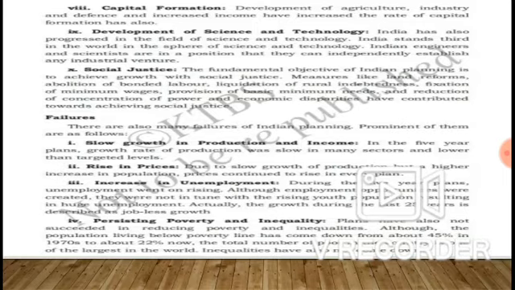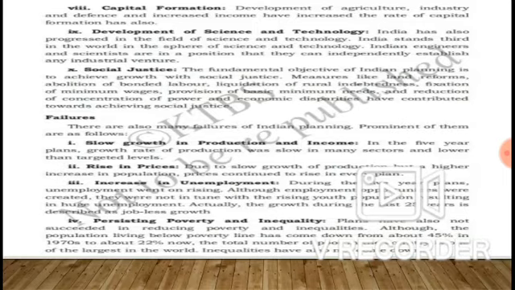India has also progressed in the field of science and technology. India stands third in the world in the sphere of science and technology. Indian engineers and scientists are in a position that they can independently establish any industrial venture.